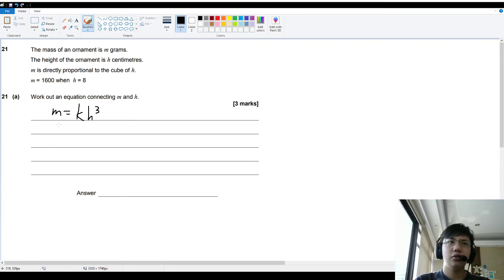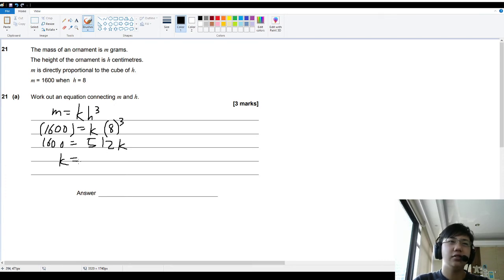So now we substitute our values of m and h into this equation. So 1600 equals k times 8 cubed, which is 1600 equals 512k.